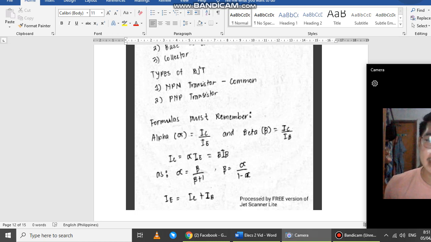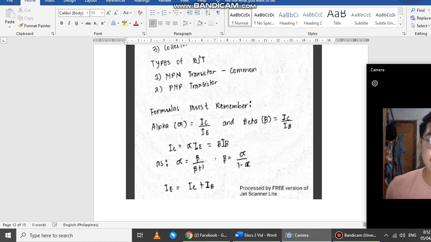We could also say that the current passing through the collector is equal to alpha multiplied by the current passing through the emitter, which is equal to beta times the current passing through the base, as alpha is equal to beta over beta plus 1, wherein beta is equal to alpha over 1 minus alpha.